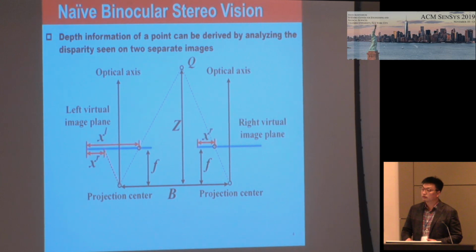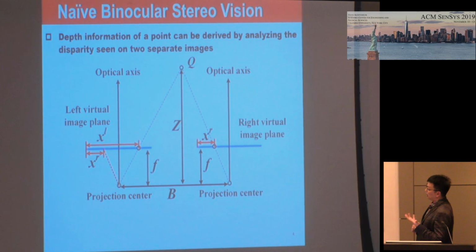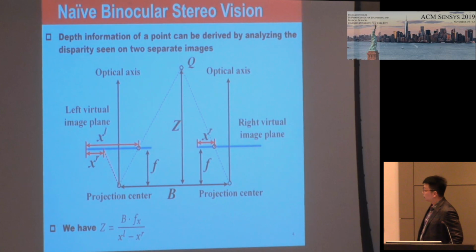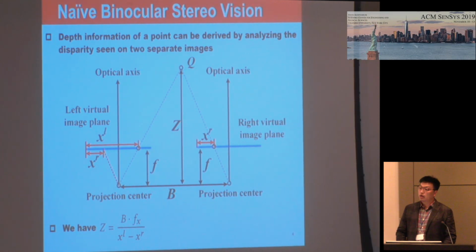Then you can find the difference between the point on the left image plane and on the right image plane. We call the difference the disparity. With this disparity, that is XL minus XR, you can calculate the depth information Z, right?